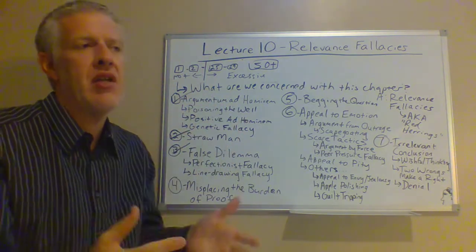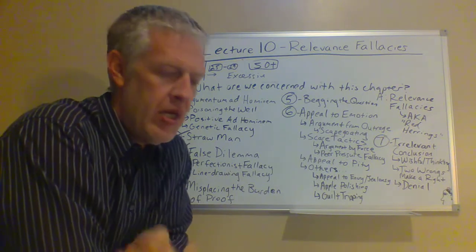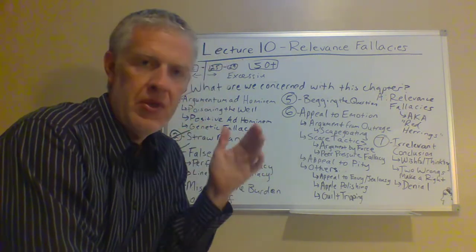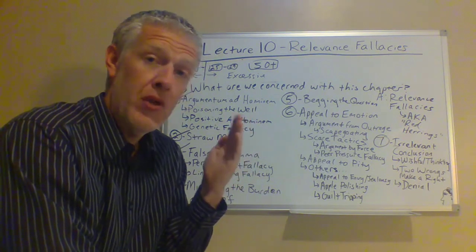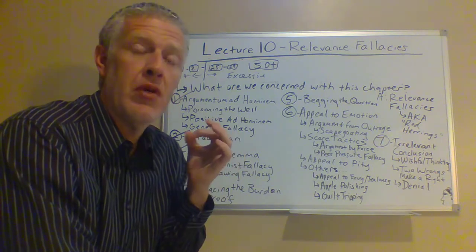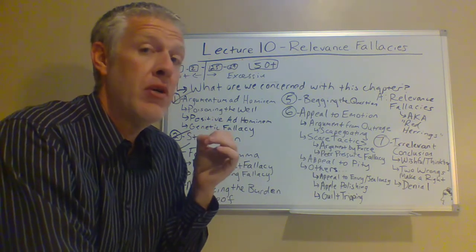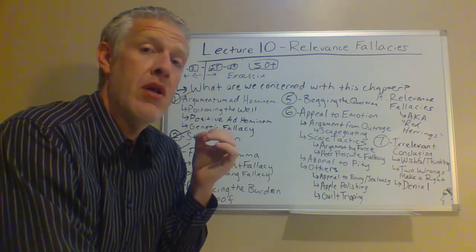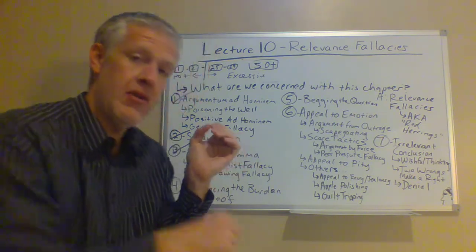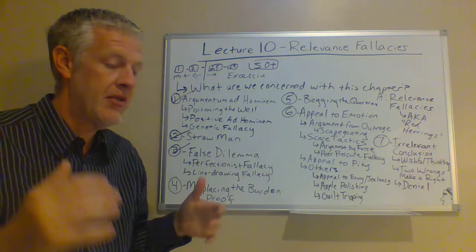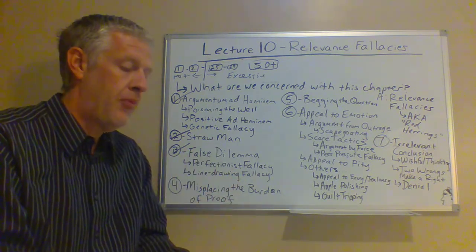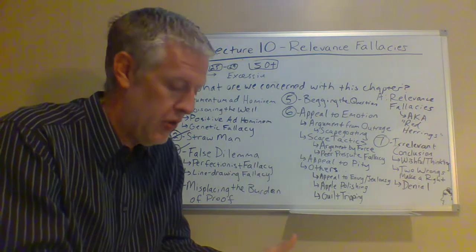What they have in mind, a great example, is courts of law. Yes, we want the truth, but we also want other things, like, for example, we don't want to let guilty people go free, but we don't want innocent people to be imprisoned either. So these are other things that we also care about. And so in courts of law, the burden of proof isn't equal on the prosecution and defense.